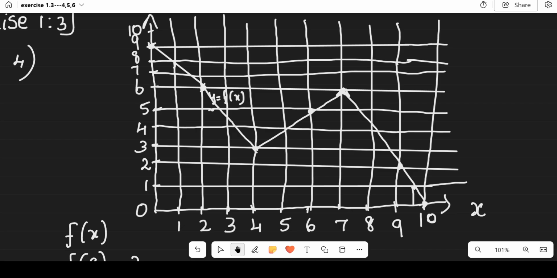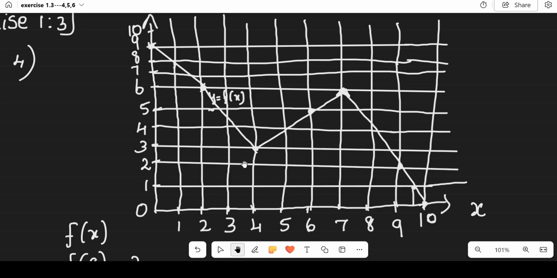Here, the concept of domain is writing the elements of the first set, but it should have the relation. What is the relation part? All this area under the function line will come under the relation.